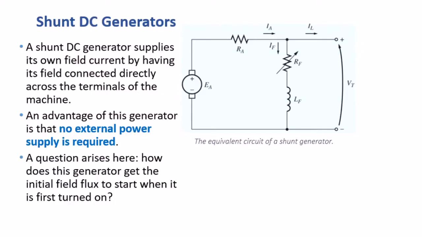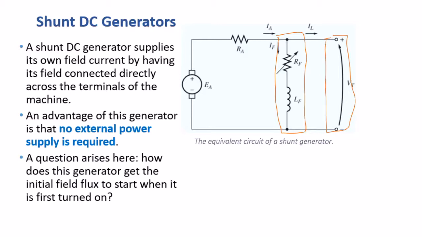Okay, now we are going to discuss the second type of the DC generator, which is the shunt DC generator. A shunt DC generator supplies its own field current by having its field connected directly across the terminals of the machine. If you look at this equivalent circuit, we can see that the field circuit, just this, is connected directly across the terminals of the machine.